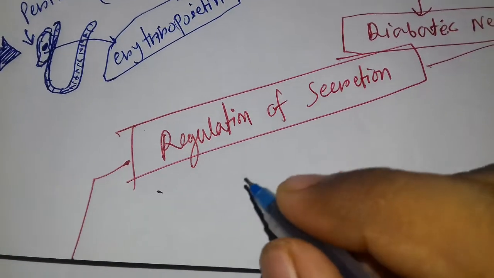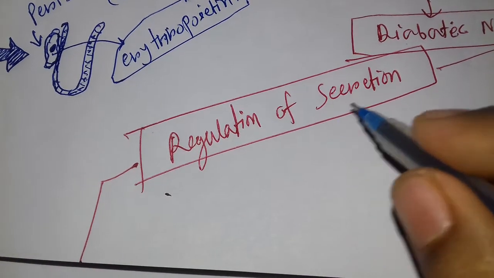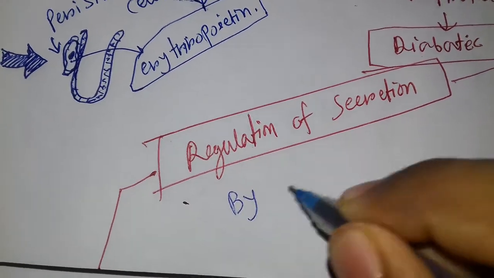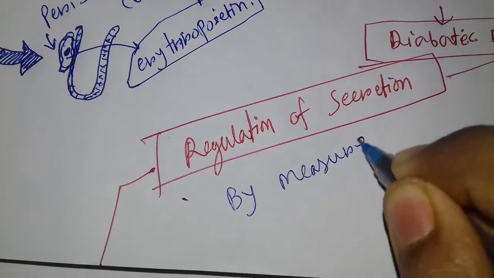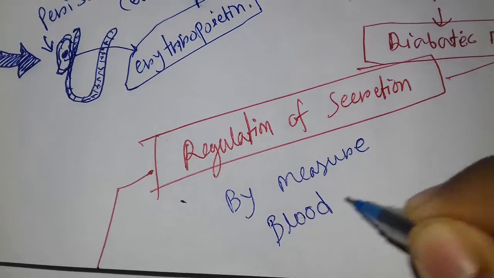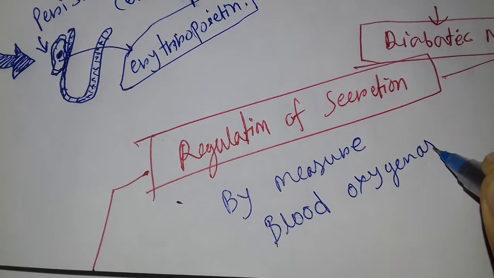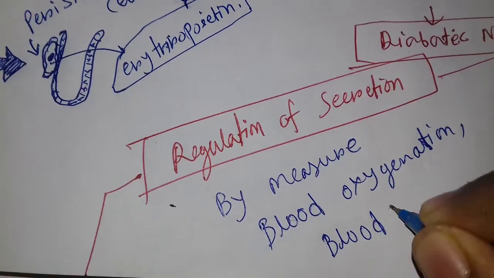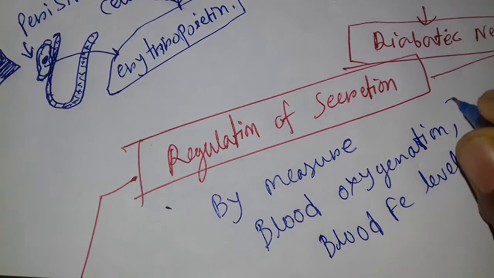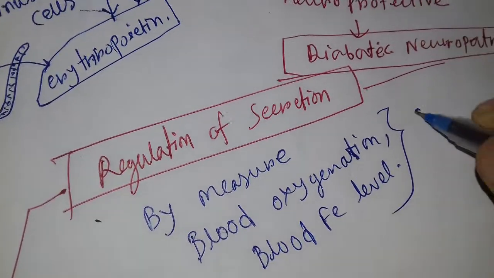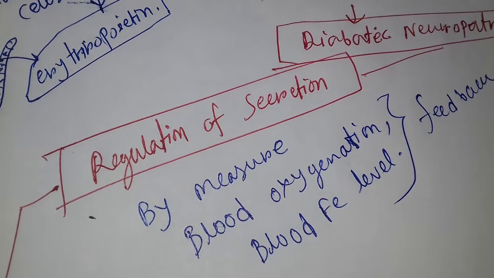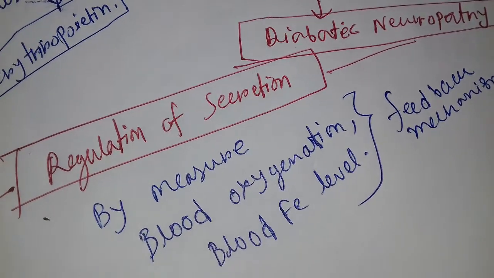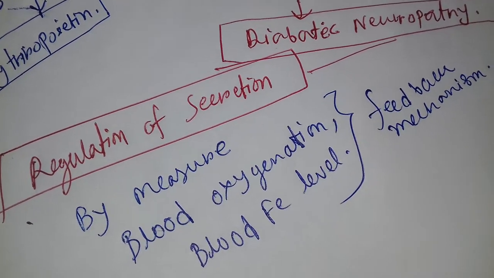Now we have to know how the secretion of erythropoietin is regulated. It is basically regulated by measuring the blood oxygenation and the blood iron level. By these two, there is a feedback mechanism, and by this feedback mechanism the secretion of erythropoietin is regulated.